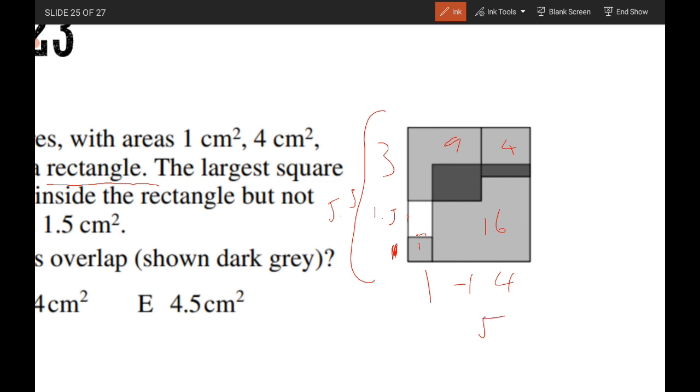The overall area then of this rectangle is 5 times 5.5, which is 25 plus 2.5 equals 27.5.